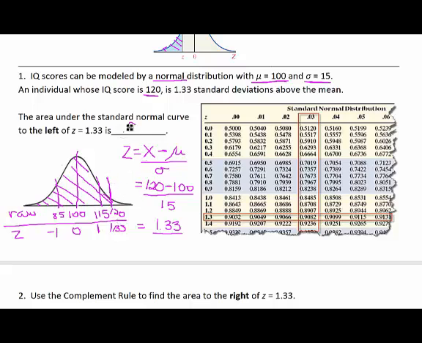So it's going to be 0.9082. And so what that really means is if you scored 120 on an IQ test, you are basically in the top 91 percentile. This rounds to 91. Okay, so that means you have an IQ score higher than about 91% of the population. So awesome. Okay, so let's move down.